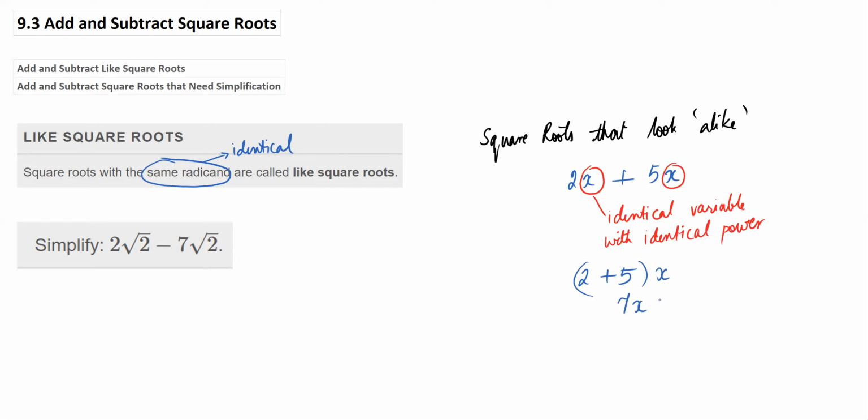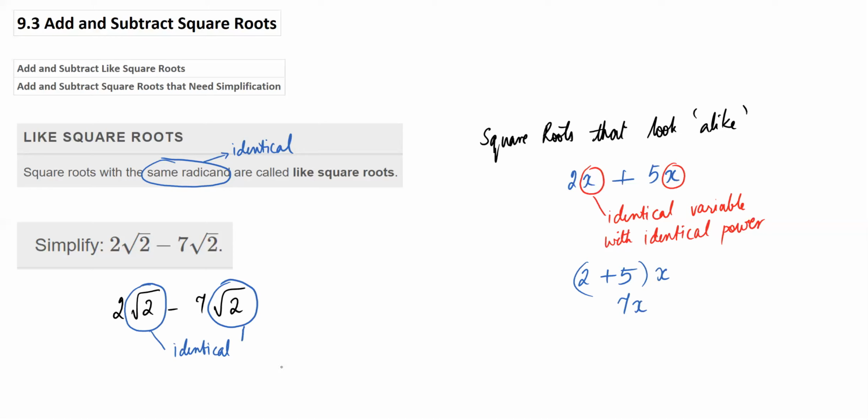Right? Now with like roots, we're going to do the same thing. So let's look at the first problem. Let me illustrate it using the first problem. Here we're looking at only the radicals to identify if they're like radicals or not, like square roots or not. So I will say identical both, okay?